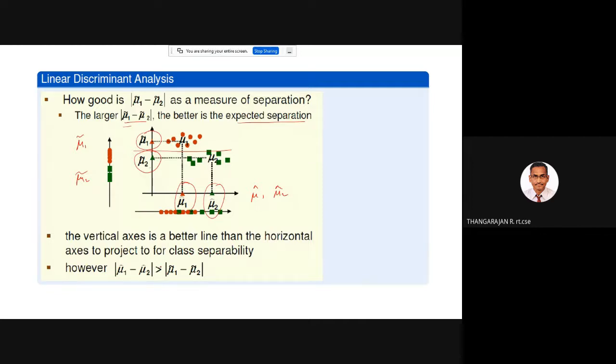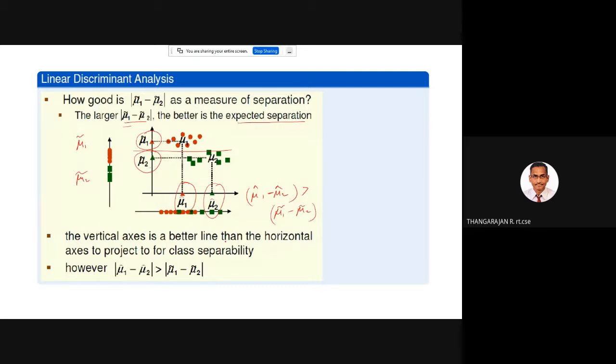Now the crux of the problem is that this difference, mu 1 cap minus mu 2 cap, is greater than the difference between mu 1 tilde and mu 2 tilde.